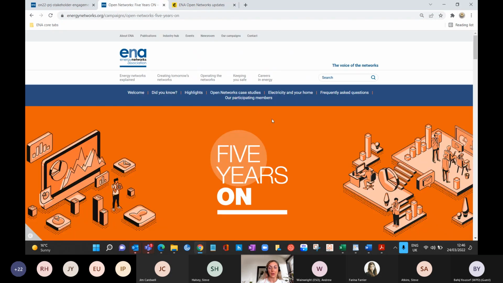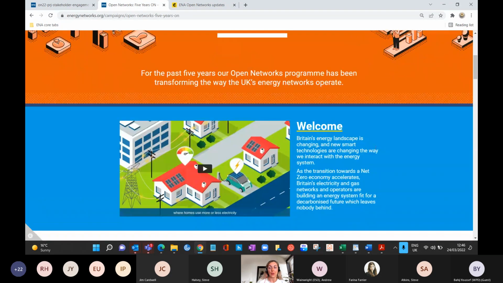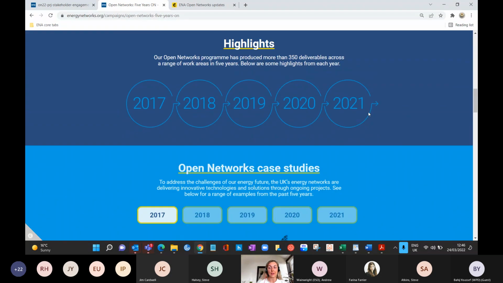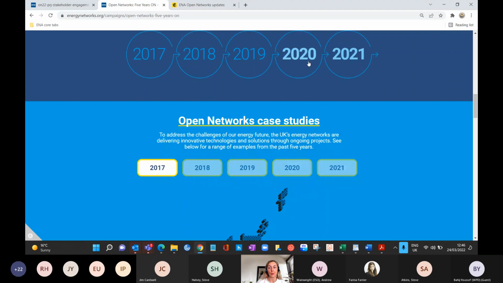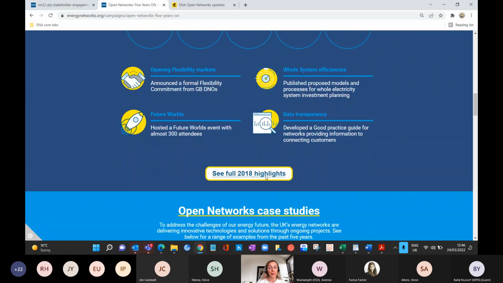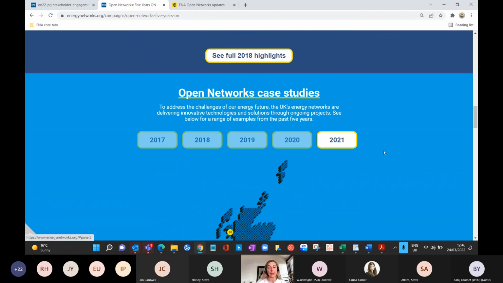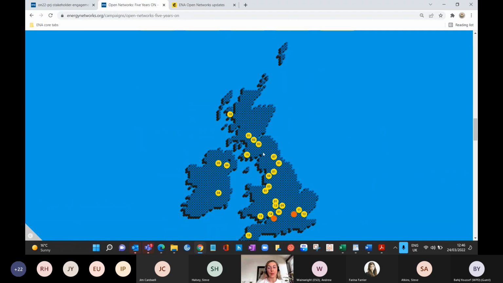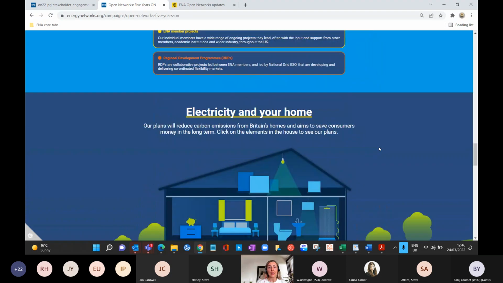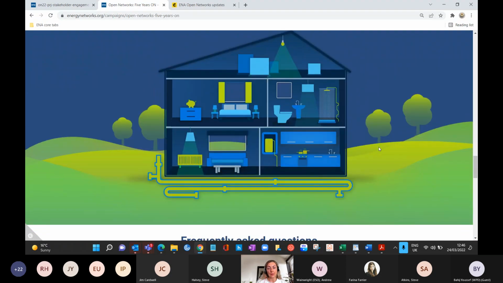Our online hub gives you an overview of everything that we've been doing since 2017 and some very good snapshots of the deliverables. Then you can go into a bit more detail and look at case studies that we've got with network operators, for example. And we'll be updating this throughout the year.